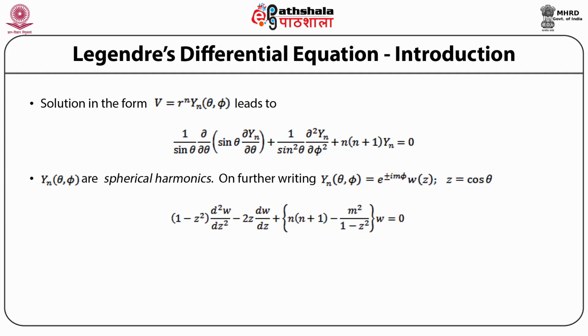If we further seek a solution for the spherical harmonic in a separable form, Yn of theta phi equal to e to the power plus minus i m phi into W of z, where z is equal to cos theta, we get the equation 1 minus z squared into d2W by dz squared minus 2z into dW by dz plus n into n plus 1 minus m squared by 1 minus z squared, into W is equal to 0.